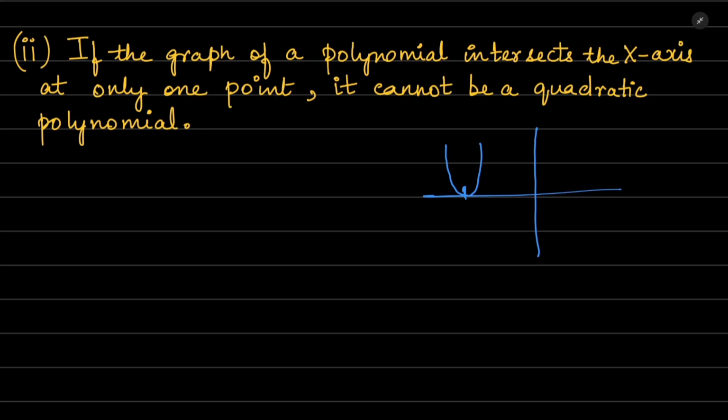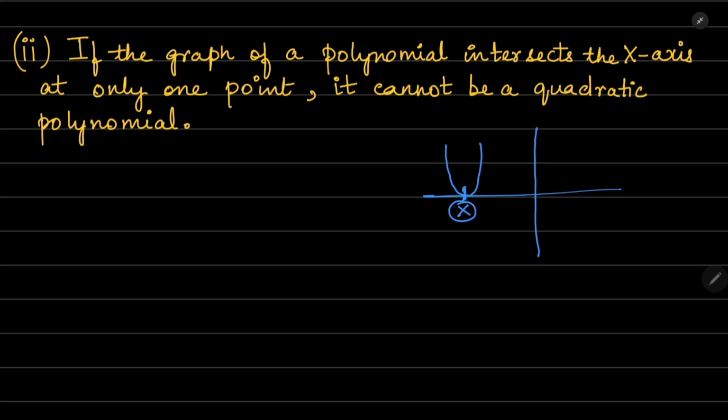If the two zeros are the same, then the two intersecting points will be coinciding and they'll become a single point, right? So whenever the two zeros of the quadratic polynomial are equal, both the points will coincide and become one point. Am I right?